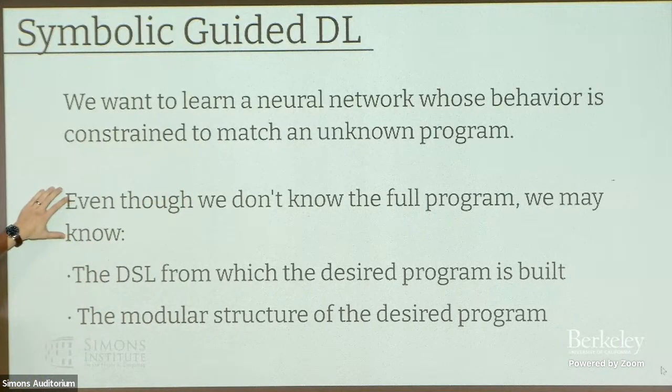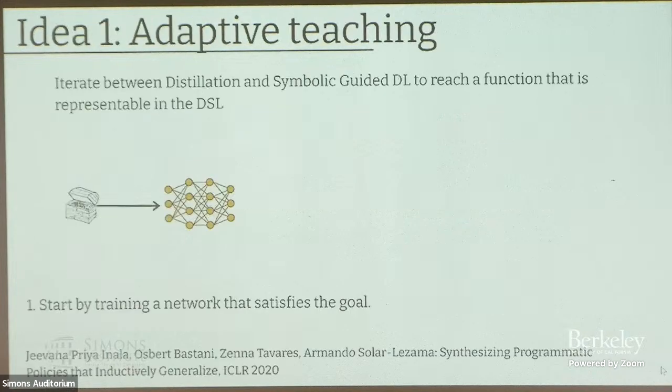We might not know the full program, but maybe we know the DSL from which the desired program is built, or the modular structure of the desired program, or maybe we have a sketch of it. So how do we train the neural network in such a way that it is going to be consistent with this program? We can use these two things in tandem to get what we want.